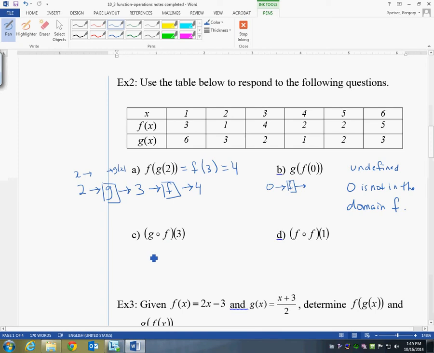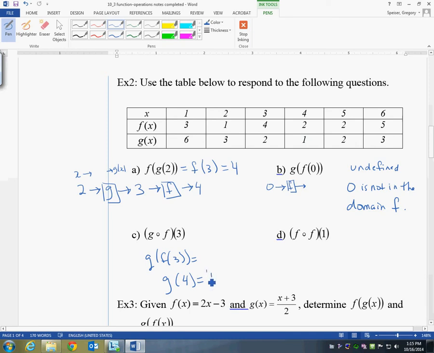How about this, g of f at 3? So I start with 3 for x, and I find out my answer is 4. So this is going to be equal to g at 4. And now I say, okay, 4 is my new x value, and then g of x when x is equal to 4 is equal to 1.